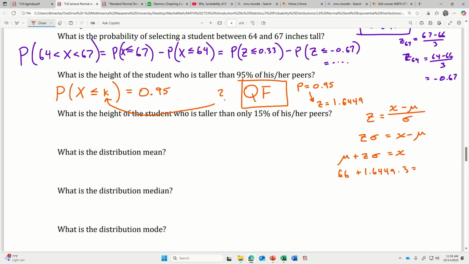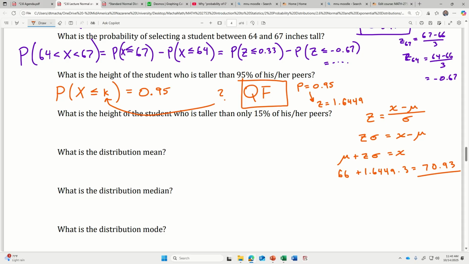So 66 plus 1.6449 times 3, I get 70.93. So if you find a student that is 70.93 inches tall, they would be taller than 95% of their peers, according to this problem, right?